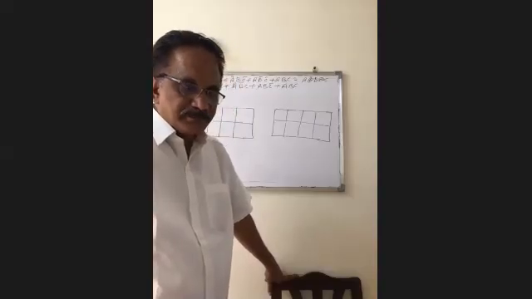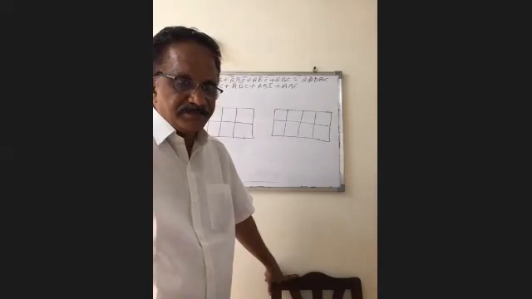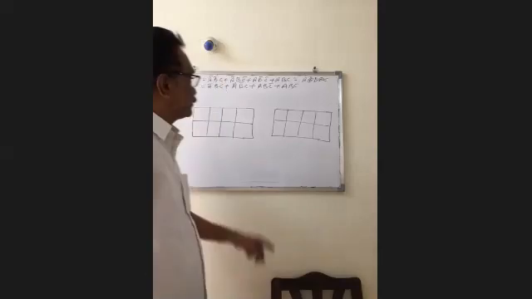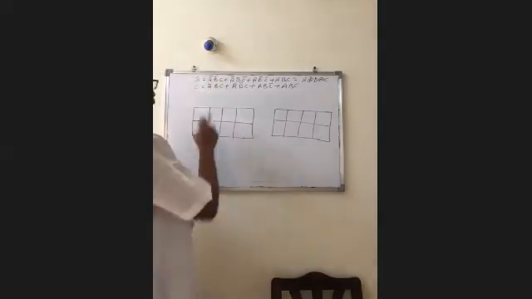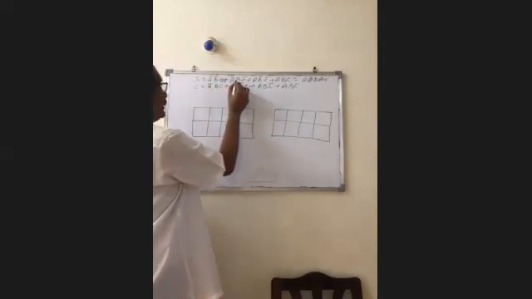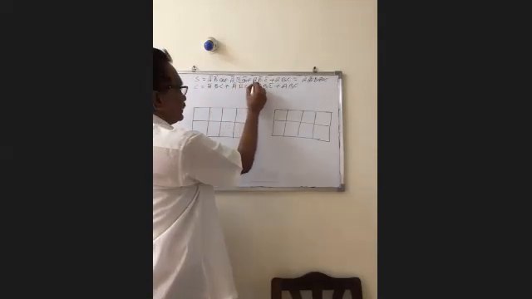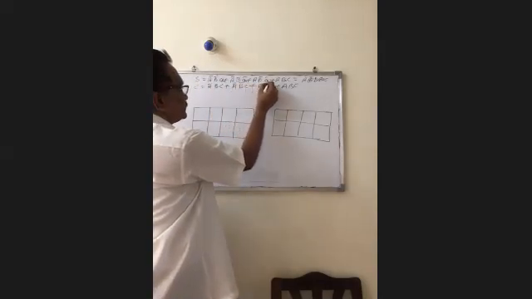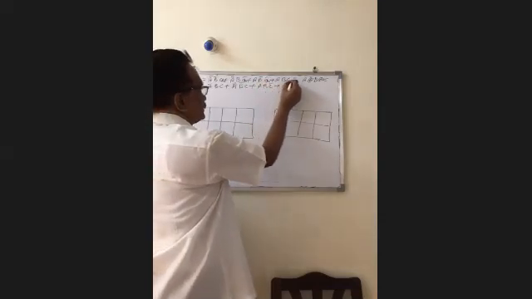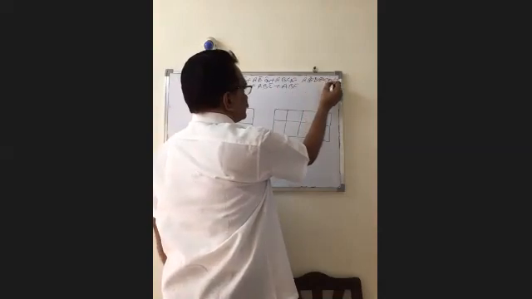A, B, and Cin, not C. A, B and Cin. So here we have to write A bar B bar Cin. Here we have to write A bar B Cin bar. A, B bar, Cin bar. A, B, Cin. A exclusive OR B exclusive OR Cin.